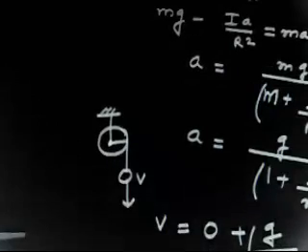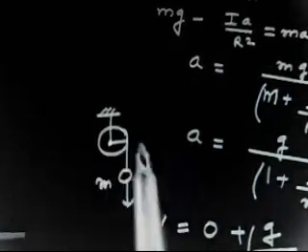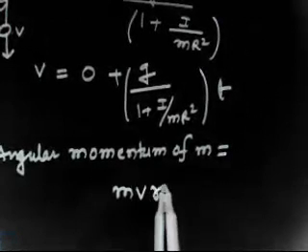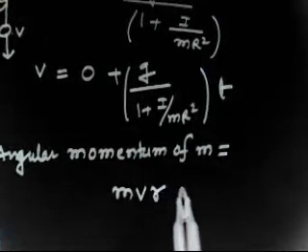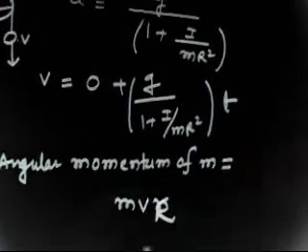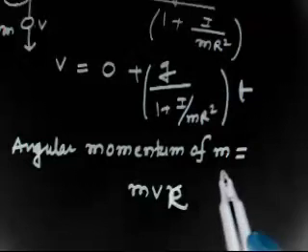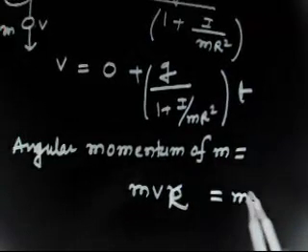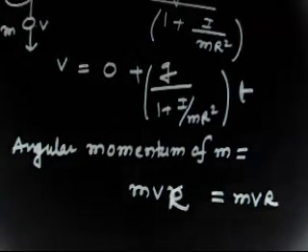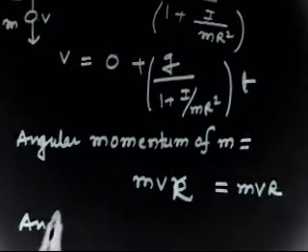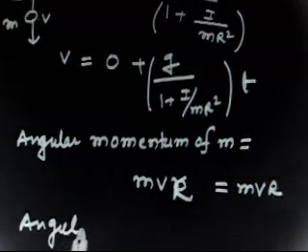So mass is m, so we will have mv into r. It will be simply mvr. R is basically capital R here, because in the first part I have written capital R. So angular momentum initially at this point of time for this small mass is mvr, and v is given by this expression. Let us find angular momentum of disk or pulley.